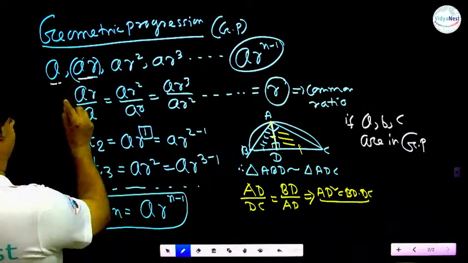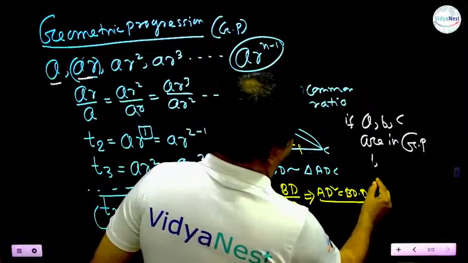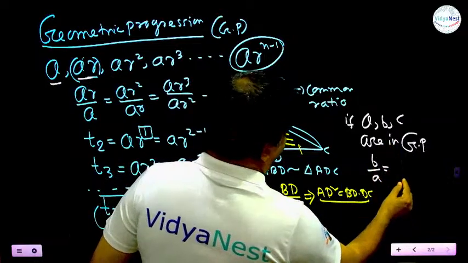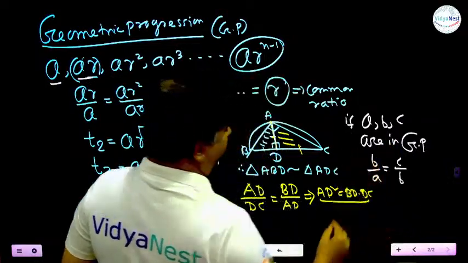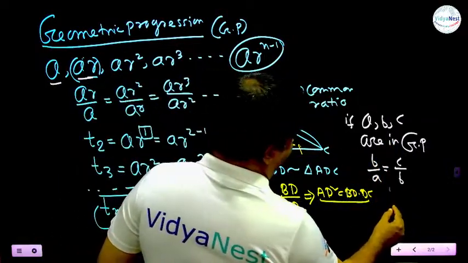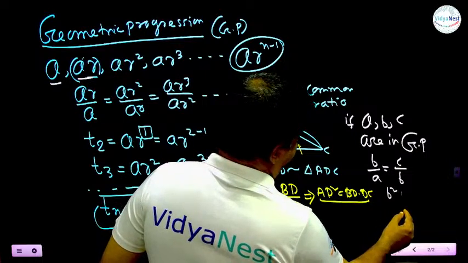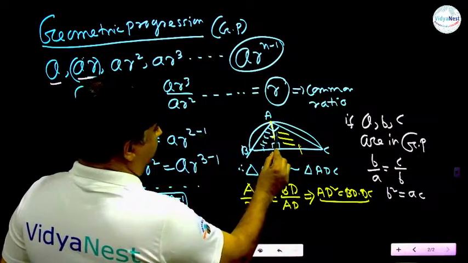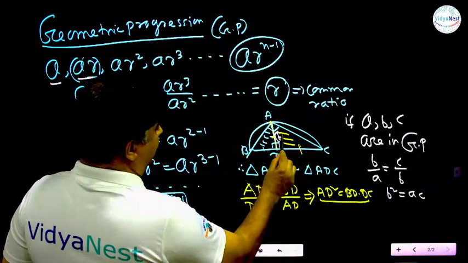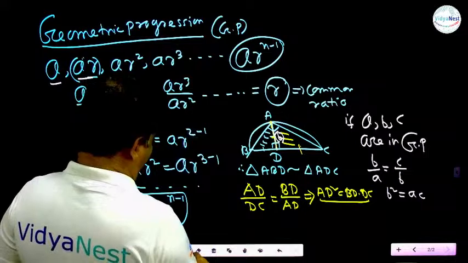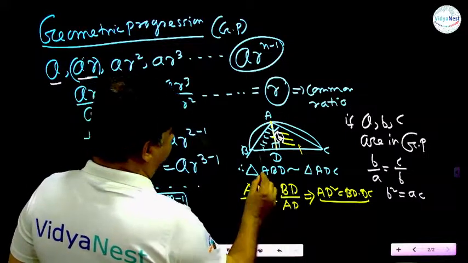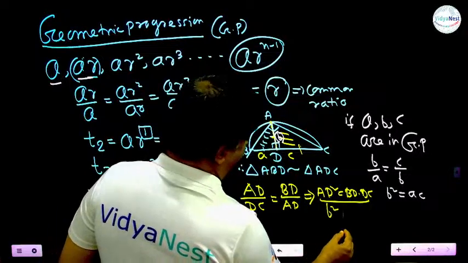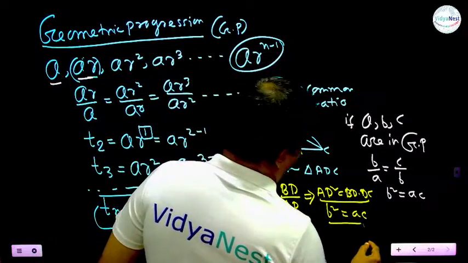Second term by first term, means B by A, is equal to third by second, C by B. So you are getting B square is equal to AC. If you take the length of this side as B and the lengths of these two sides as A and C, here also I can write B square is equal to AC.